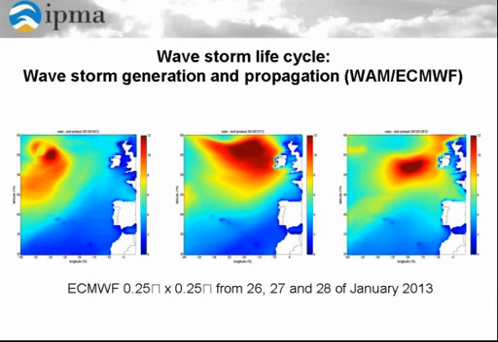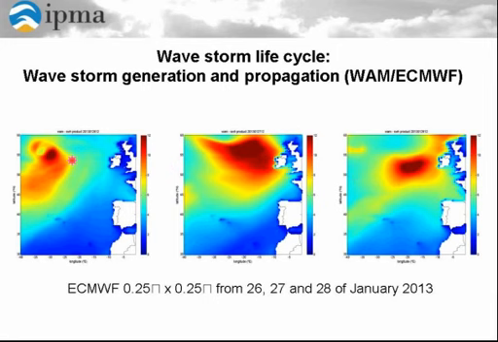Well, in this slide I bring the wave storm generation and propagation from the point of view of the model, the European Centre for Medium-Range Weather Forecasts wave model, with a resolution of a quarter of a degree, for 26, 27 and 28 of January 2013.